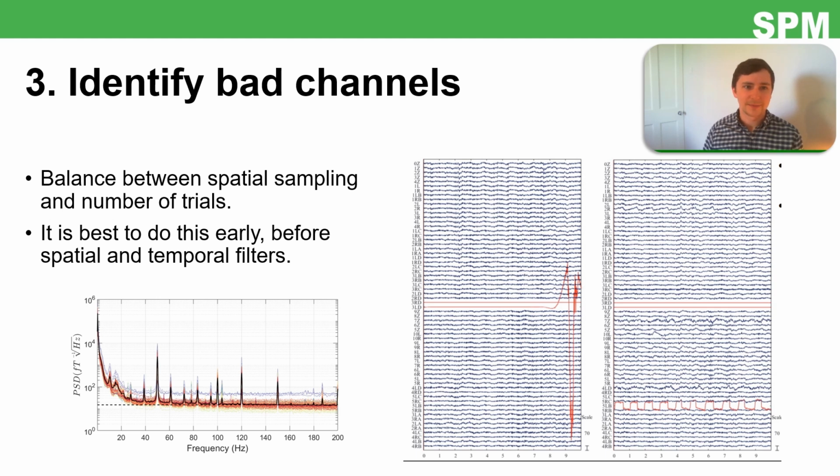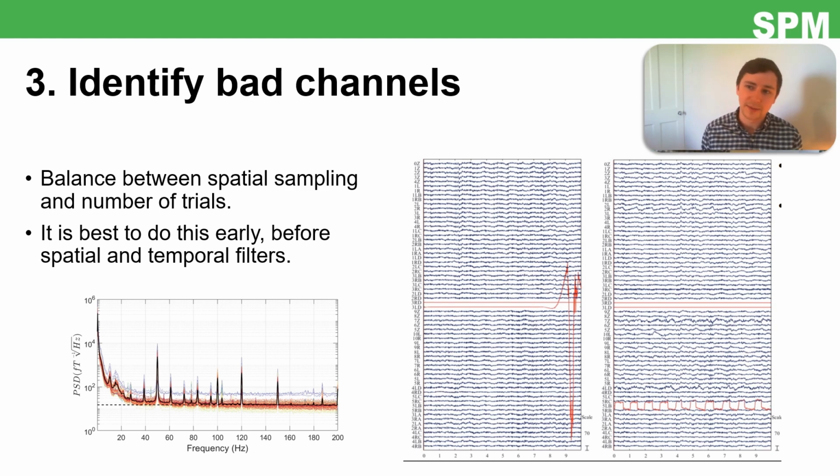So you could just look at diff in MATLAB, and that would find a quick rise, and you could say that's when the SQUID jump occurred. So now remove 50 milliseconds either side of that, something like that. However, if you've applied some temporal filters to your data, you might find that transition is no longer so sharp, and these automated methods might struggle to identify that SQUID jump.